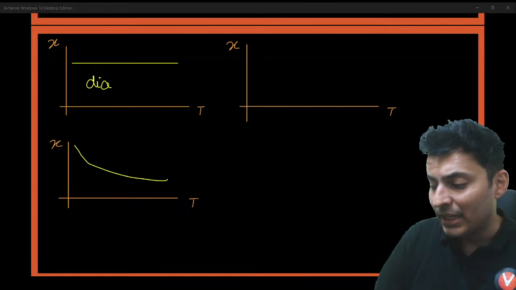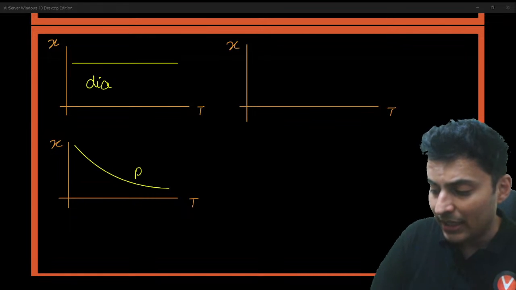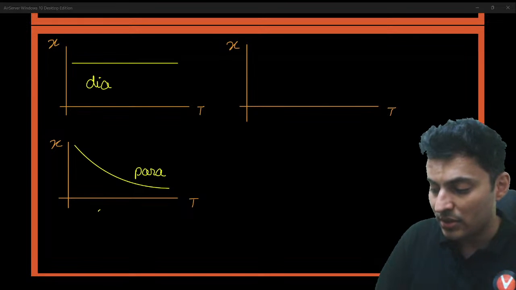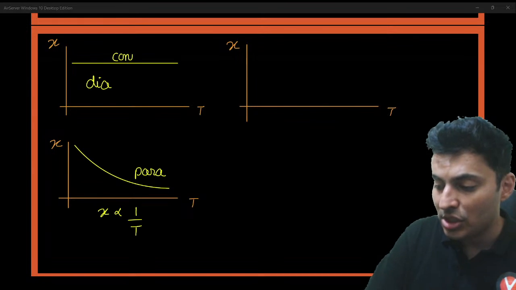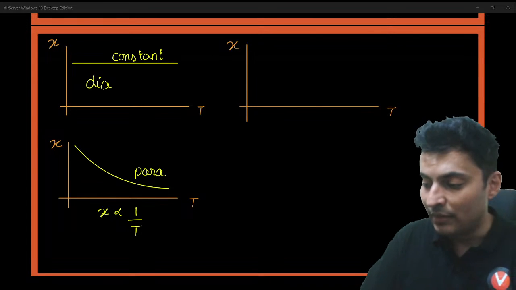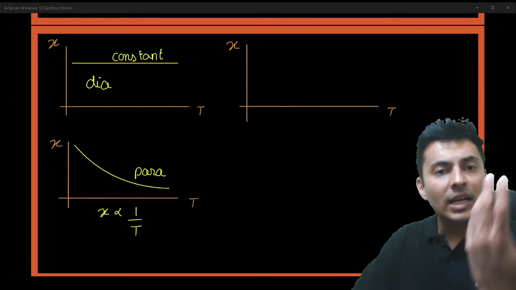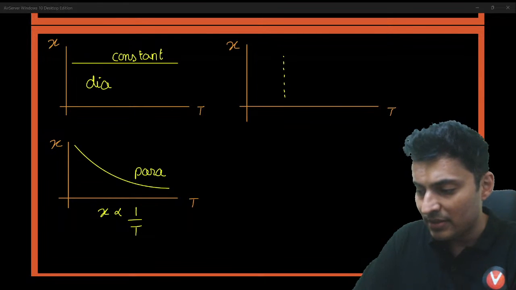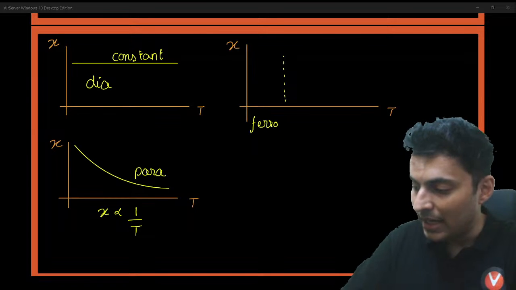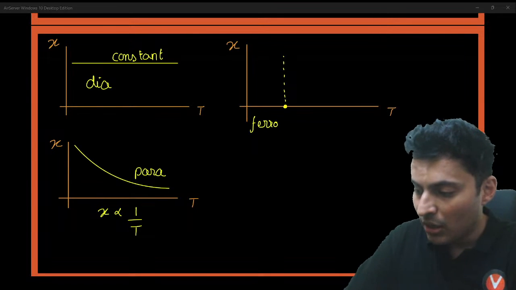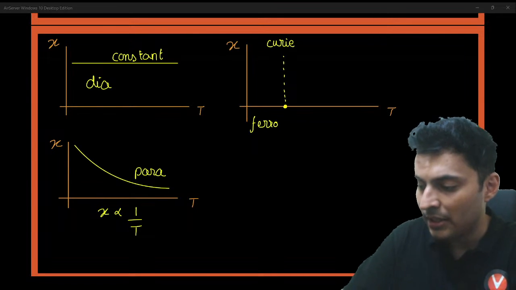For paramagnetic material, susceptibility is inversely proportional to temperature. Here it is just a constant. And for ferro, till a certain temperature, nothing happens. It remains a ferro material. But there comes a critical temperature called the Curie temperature.